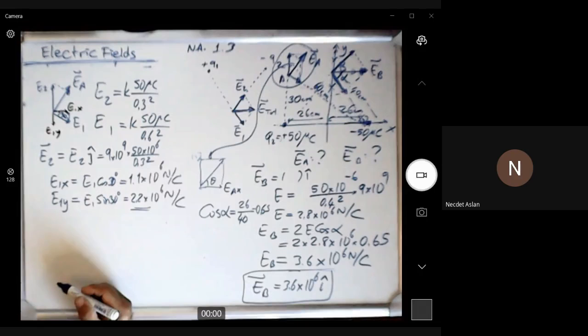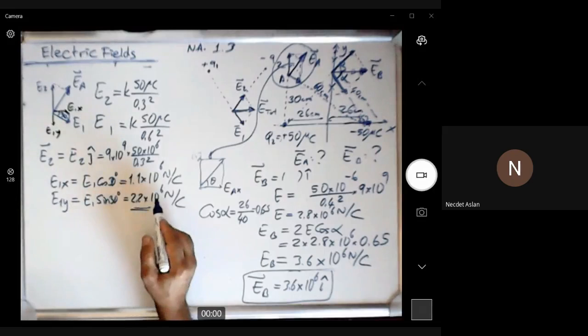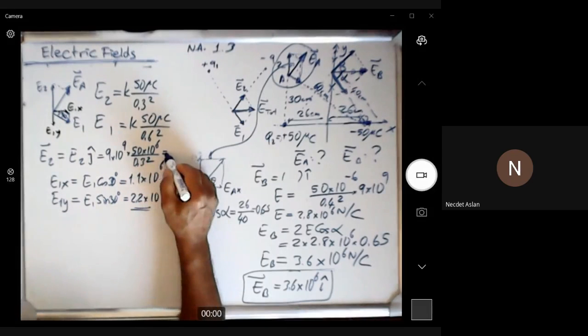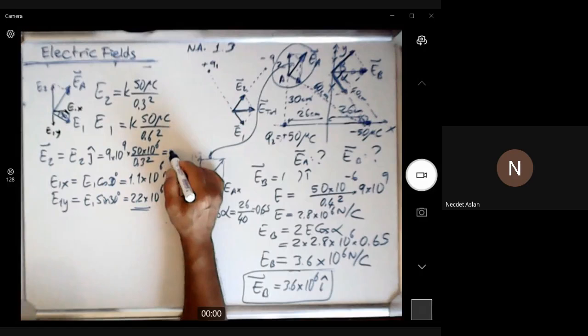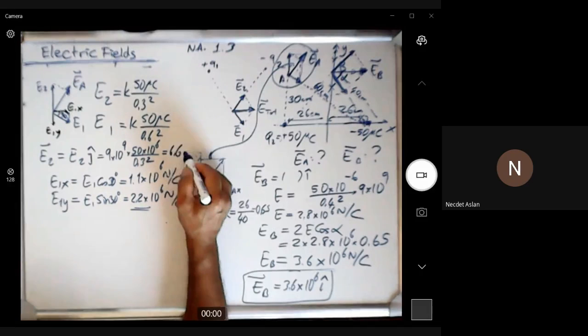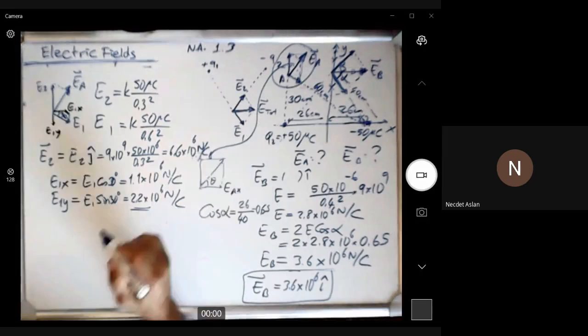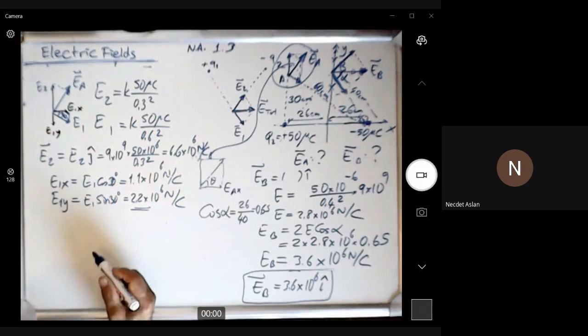So the result is 6.6 times 10 to the 6 Newton per Coulomb. So this is the result.